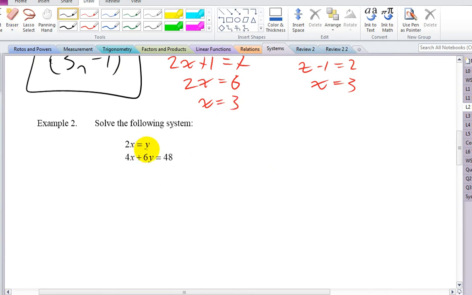You know what y equals, so just do a quick substitution. So 4x plus 6 bracket 2x equals 48. Go ahead and solve. Tell me your x value, then find your y value. See what you can do.